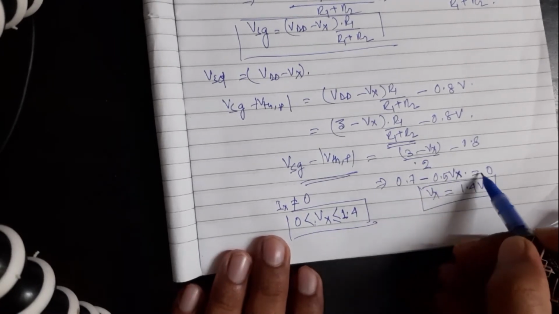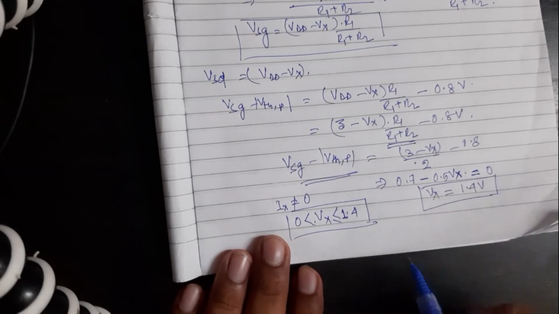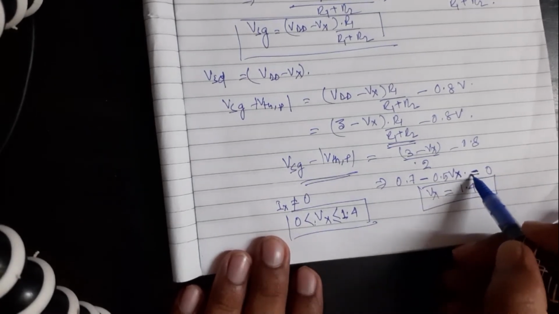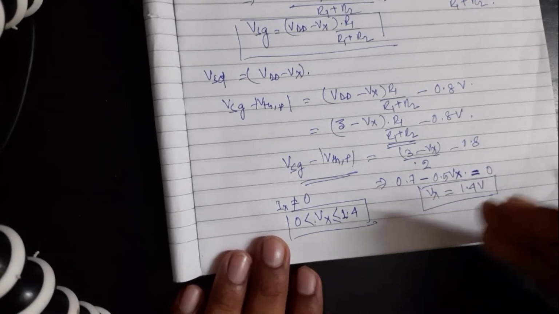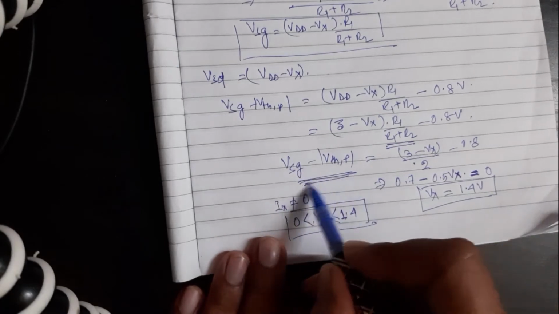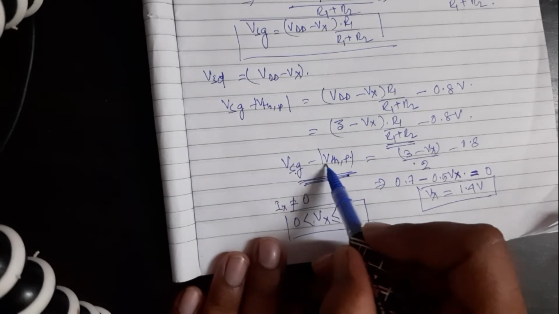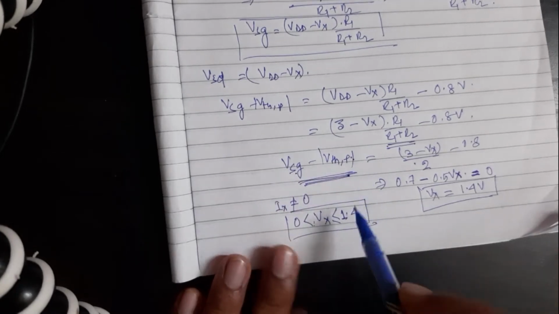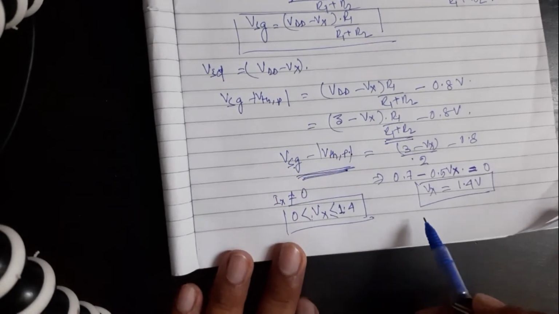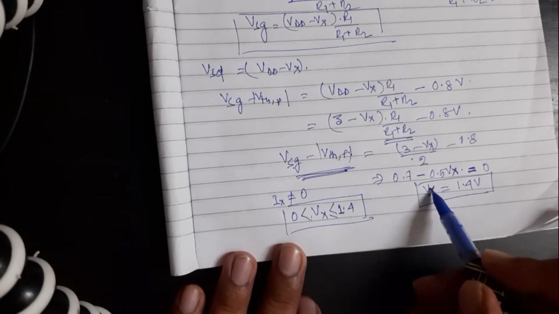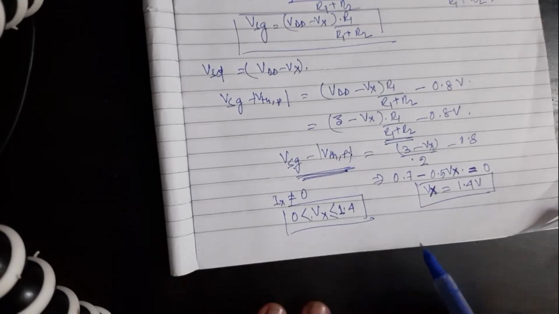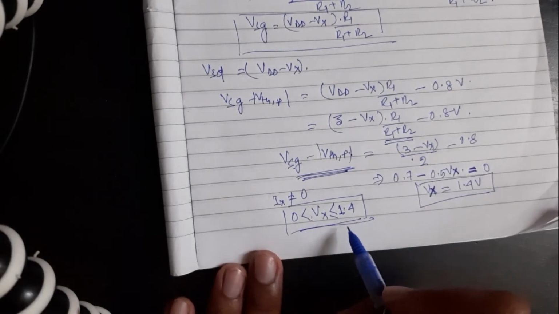Because VSG becomes equal to 0.8. We have used this equation and equated it to 0. That means the VSG is equal to the threshold voltage. So using that equation, we can find out at what Vx the transistor will turn off. So we know the range of non-zero currents.